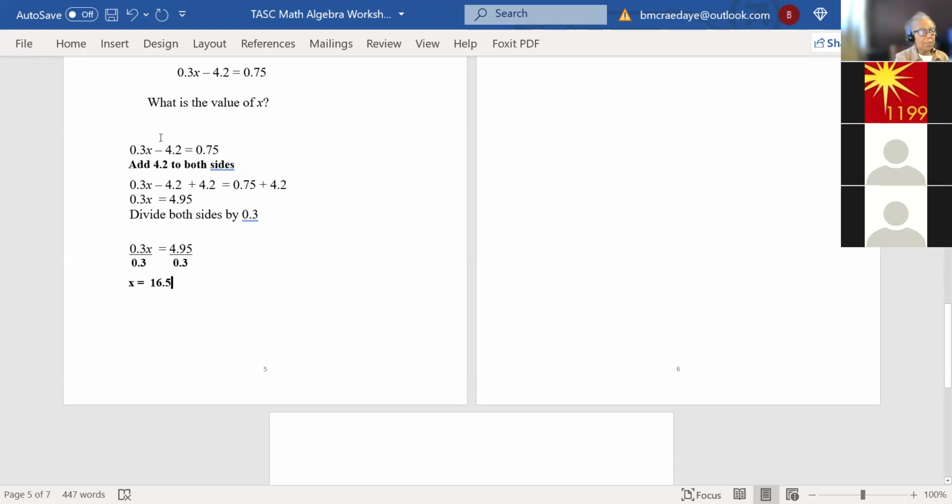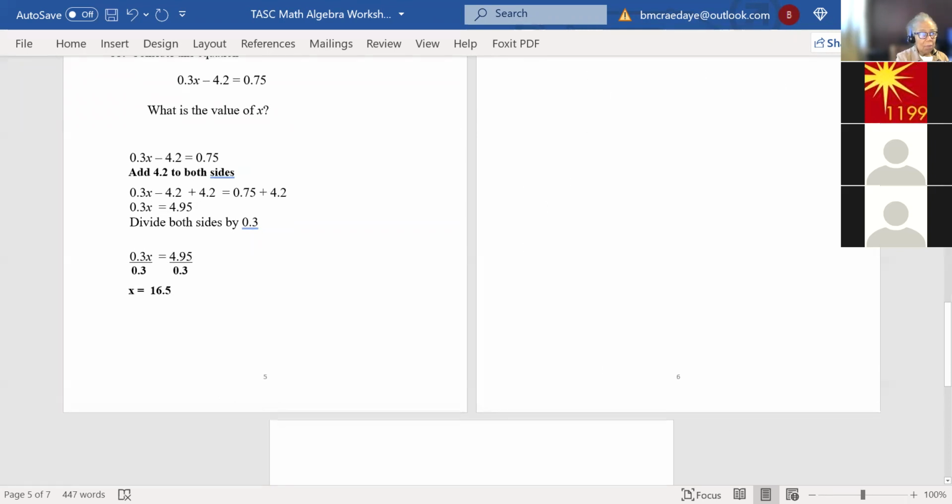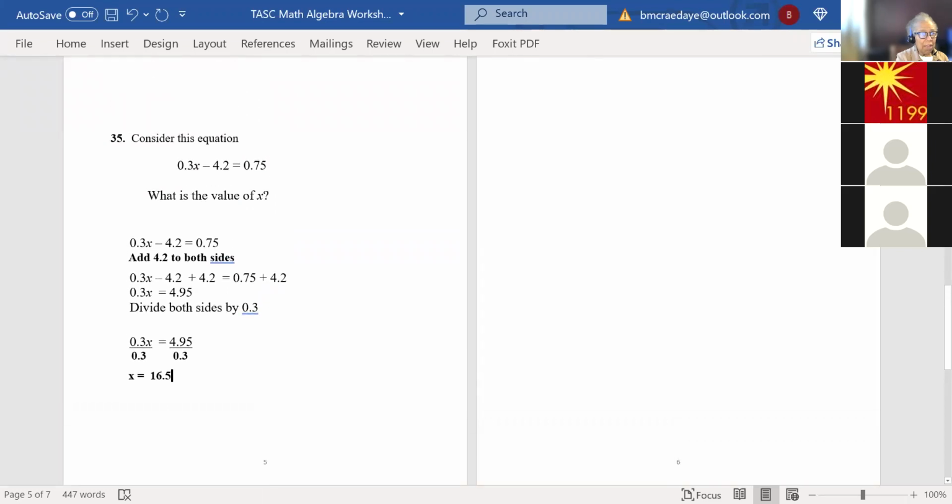All right. So that's the end of that worksheet. And we will go, what was that, number 30? We will go to number 35. We will go to worksheet number, okay, share screen. And this would be number 8.